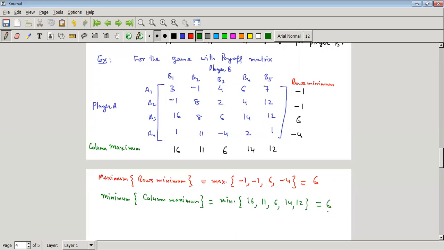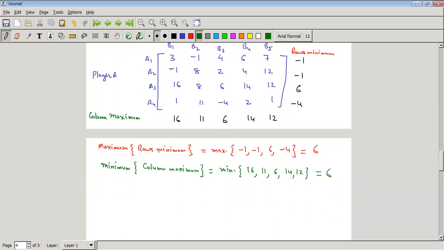That is 6. So what we observe, minimum of column maximum means minimum of maximum, or I can write column maximum is equal to maximum of row minimum.